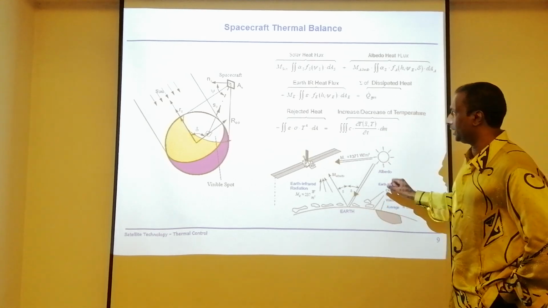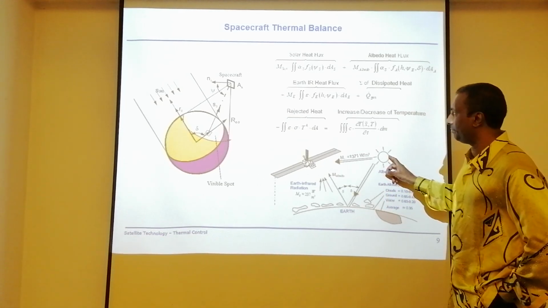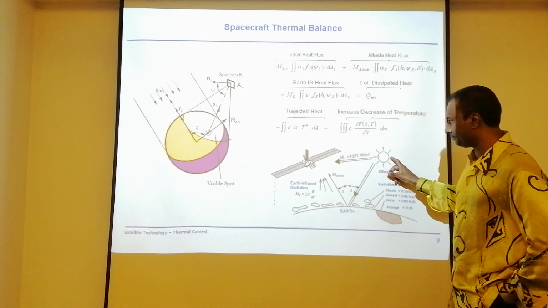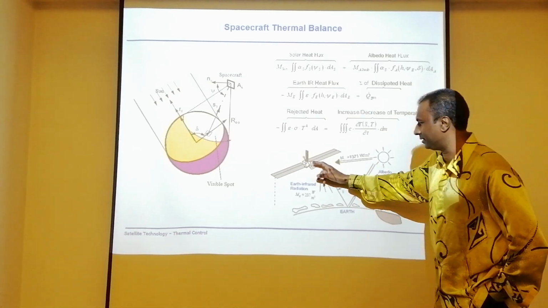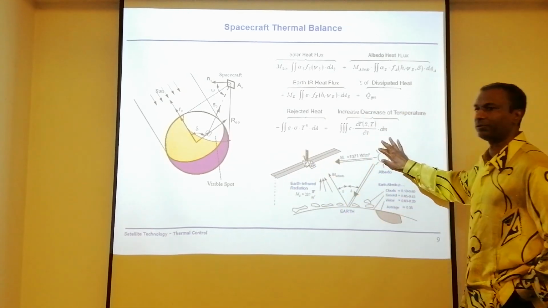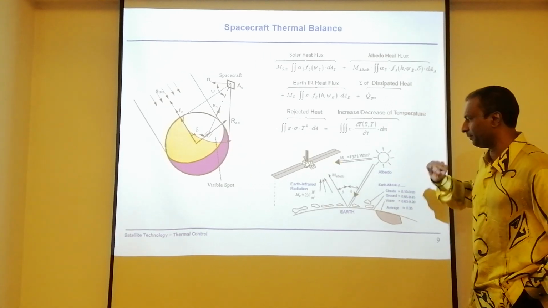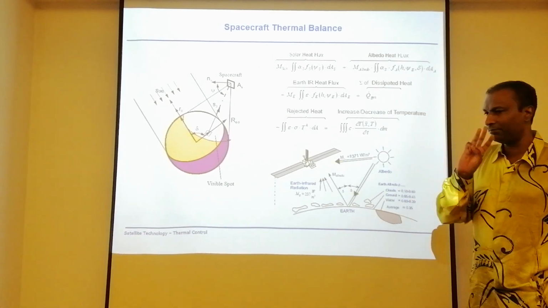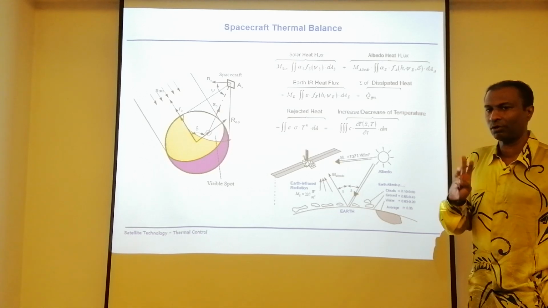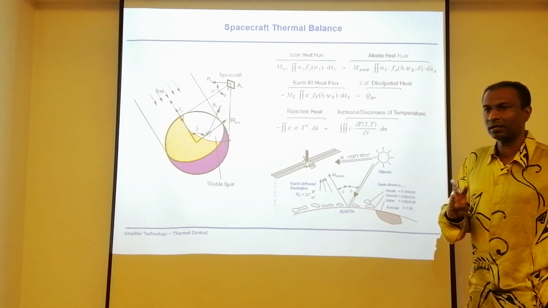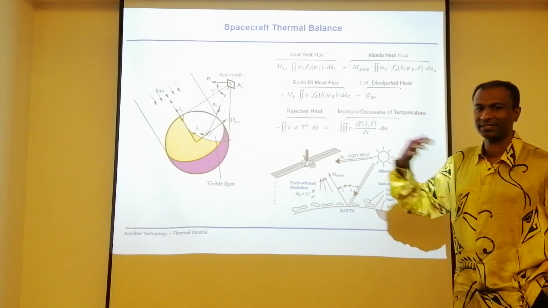Now, when I am in the eclipse phase, I'm not going to look at the sun. All right. Now, there are 3 major sources of heat load external to the satellite.